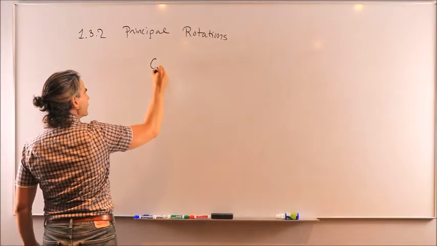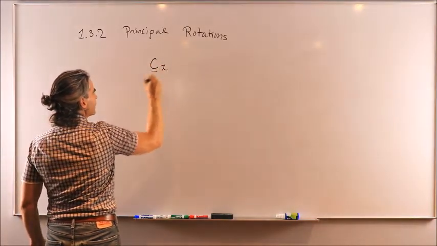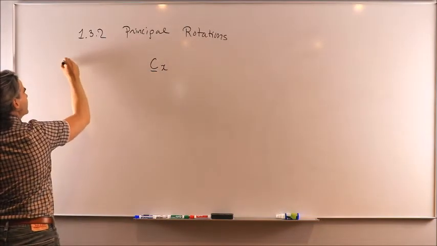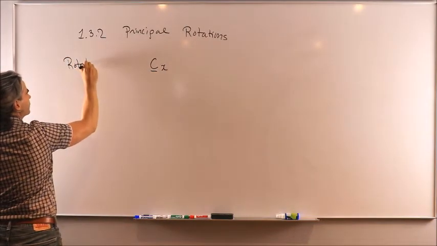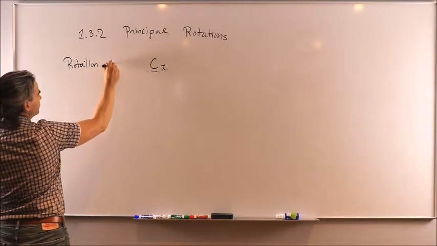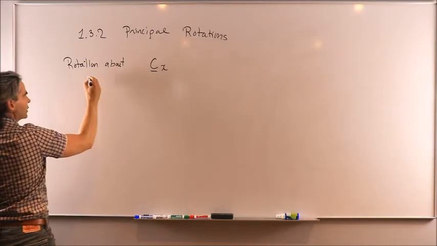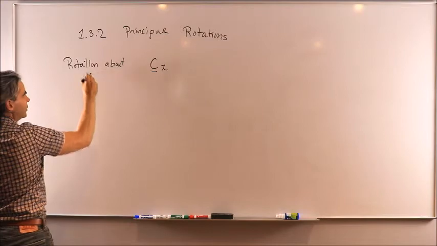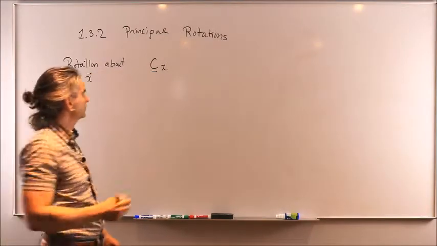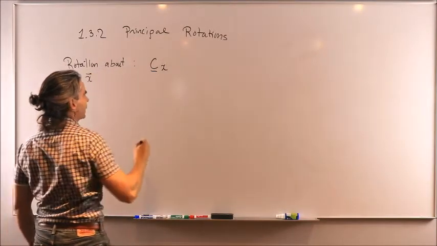So the first one is Cx, okay? So Cx denotes a rotation about obviously the x unit vector of any reference frame, like that.